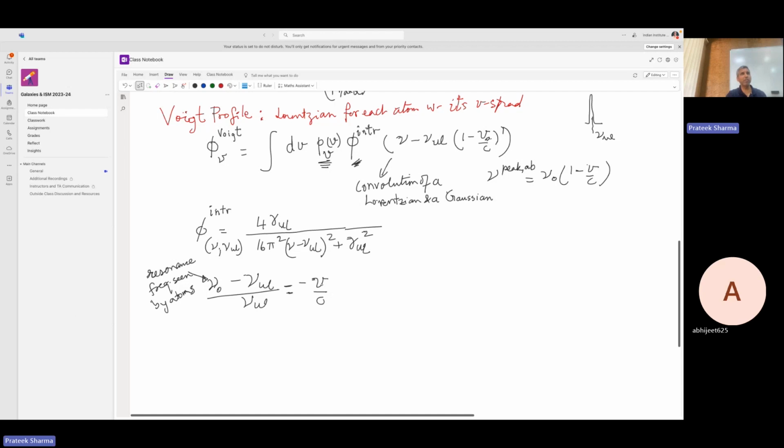So if v is positive, the gas is moving away from us, so nu naught is less than nu ul. You have to be careful with the sign. A positive velocity should correspond to redshift.